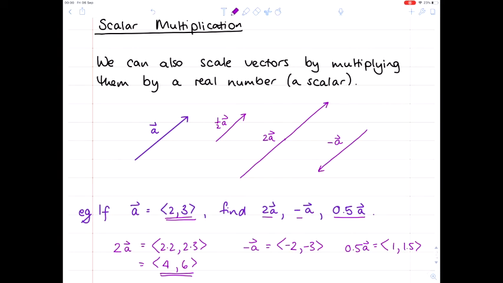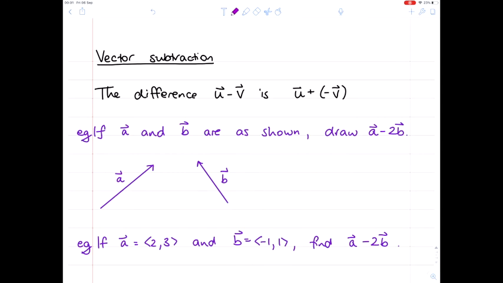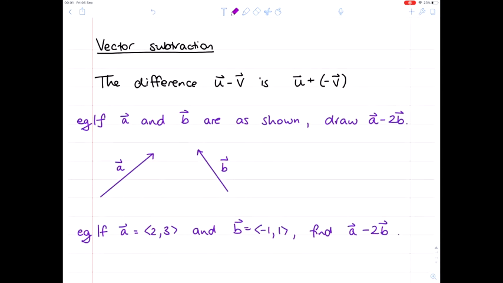So we've seen addition, which enables us to add 2 vectors, and we've got a way of scaling vectors to get them to point in the same direction but be longer or shorter. And this means we're actually free to also define vector subtraction. And we do this by saying vector u minus vector v is really vector u plus minus 1 times vector v.